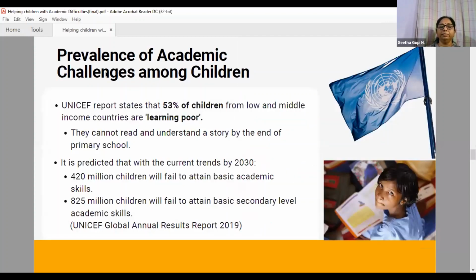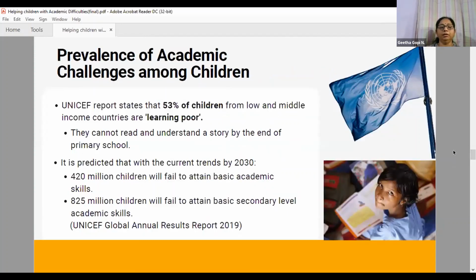Prevalence of academic challenges among children. Prevalence of academic challenges, as reported by UNICEF, is that almost 53% of children from low and middle income groups from developing countries are learning poor.